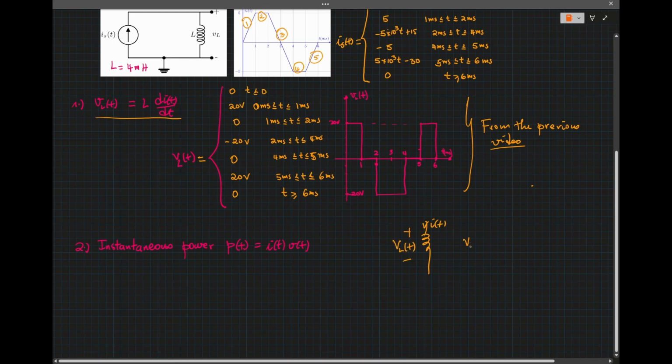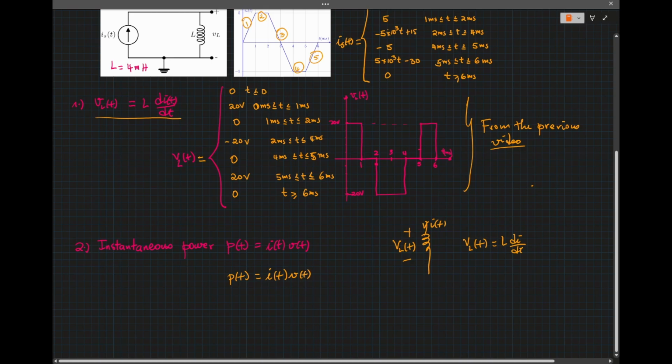We know that VL of t is L di dt. So here we wanted to find the instantaneous power, P of t, which is I of t times V of t.